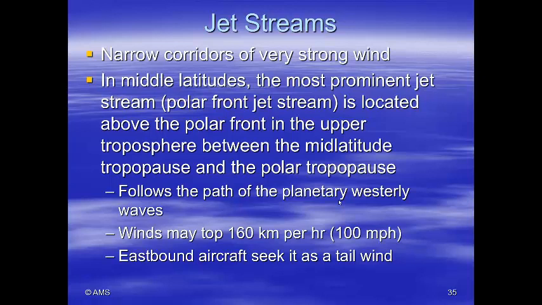They follow the paths of the planetary westerly waves, and the winds can top 100 miles per hour or 160 kilometers per hour. So eastbound aircraft seek these as a tailwind to speed up their journey.